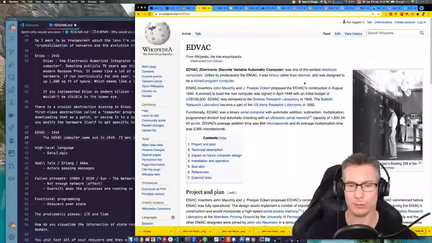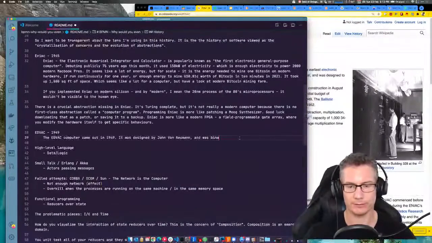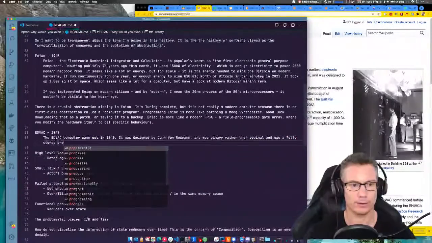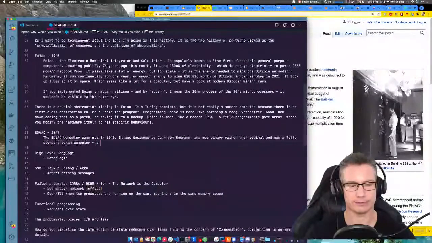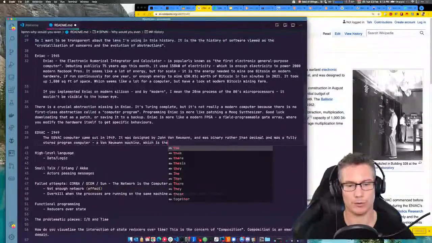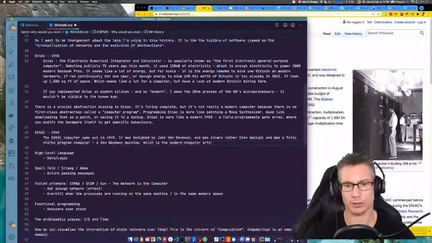Yeah, it was binary and it was a stored program. So it's binary rather than decimal, and was a fully stored program computer, a von Neumann machine, which is the modern, classical computer architecture.